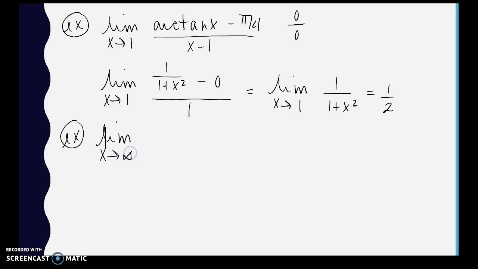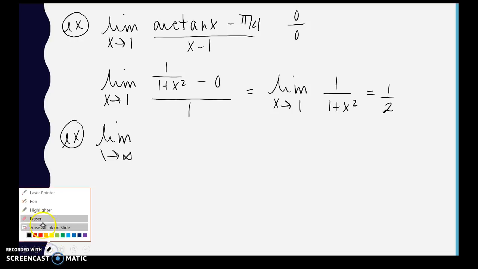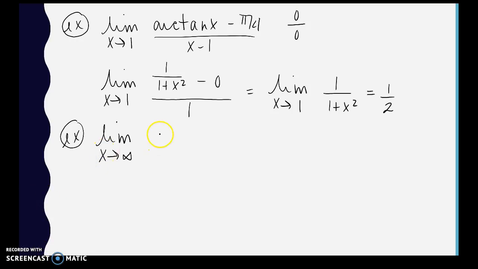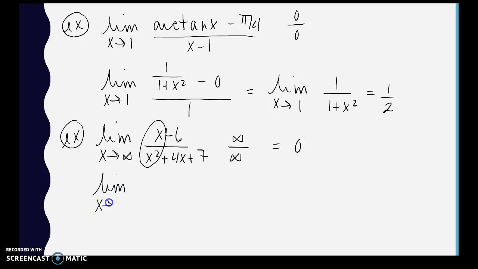even as we have a limit approaching infinity as well. So something as simple as x minus 6 over x squared plus 4x plus 7. Direct substitution would give you infinity over infinity. And we learned these shortcut rules. So I know that this function is bottom heavy, so this limit is going to approach 0. But just so you can see L'Hopital's, that would be 1 divided by 2x plus 4, derivative of the top over the derivative of the bottom.